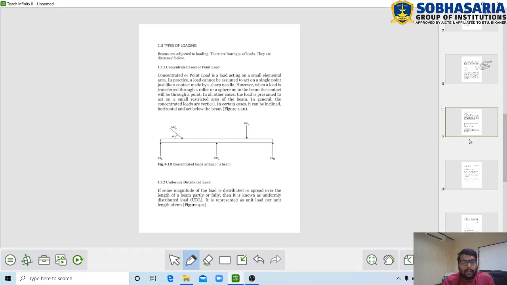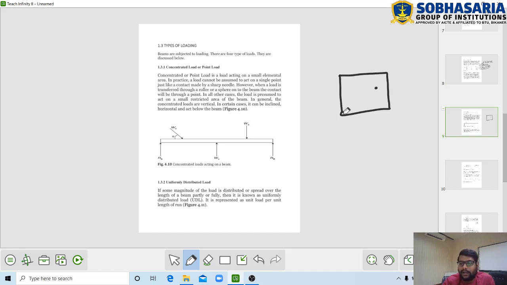Okay, now we will see the types of loading which a beam faces. The load, when it acts at a point, you can say maybe there is a floor. In that floor maybe a heavy object is placed somewhere.